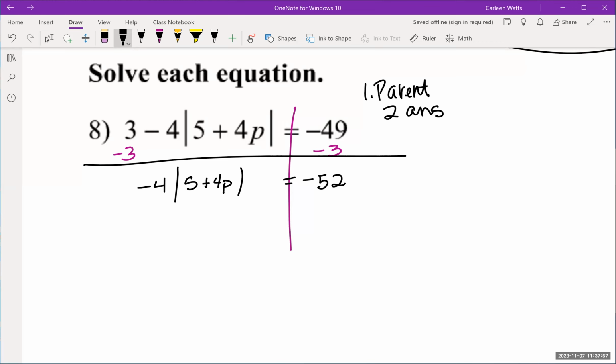Divide by -4. So I have absolute value of 5 plus 4p is equal to 13.